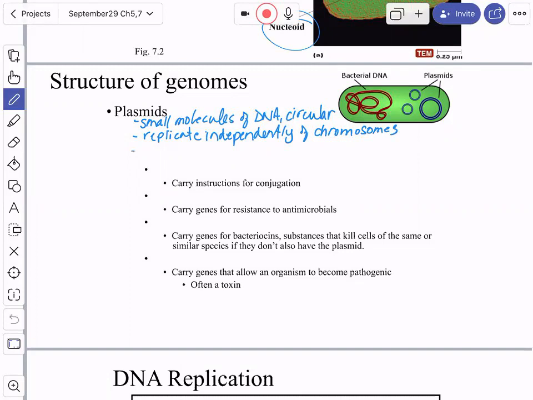Okay, and they're going to carry genes to replicate themselves and for some other traits that are not absolutely necessary for the survival of the cell.